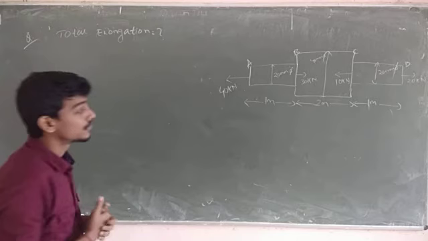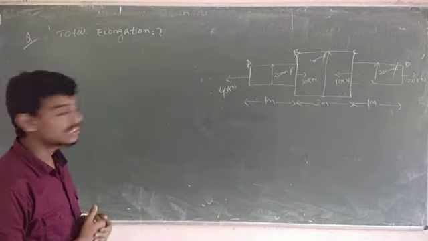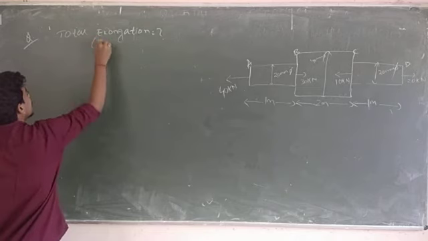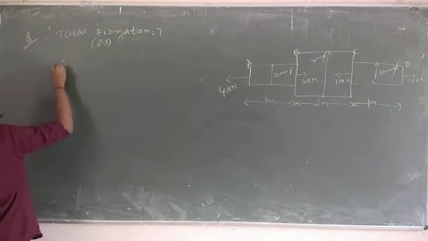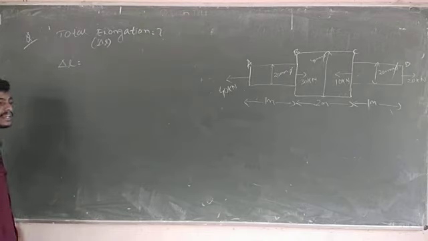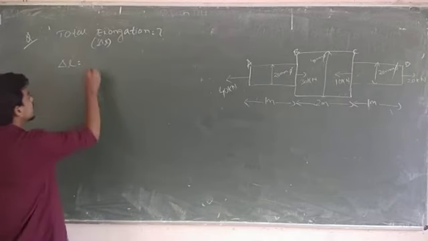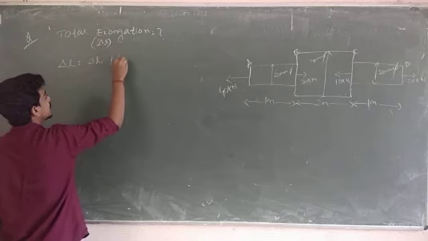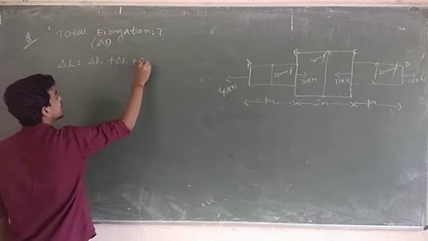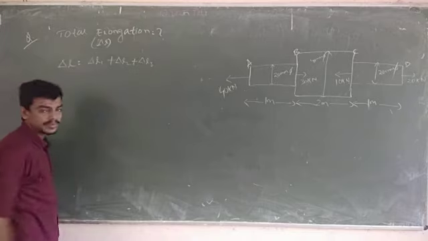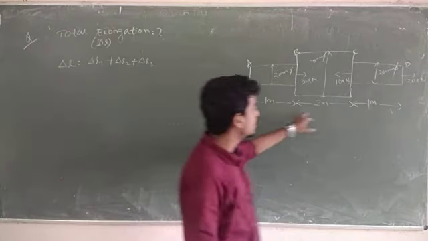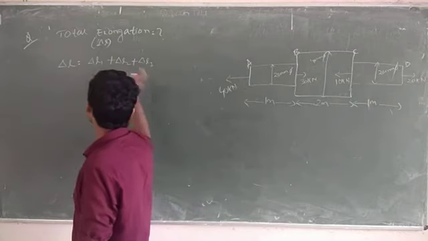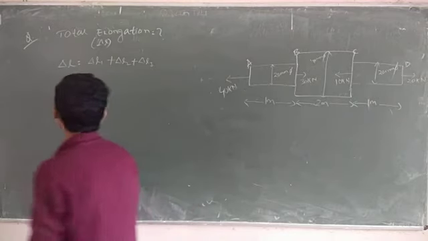According to the principle of superposition, if the total elongation is delta L, then the individual elongations can be written as delta L1 plus delta L2 plus delta L3, because it is divided into 3 parts.